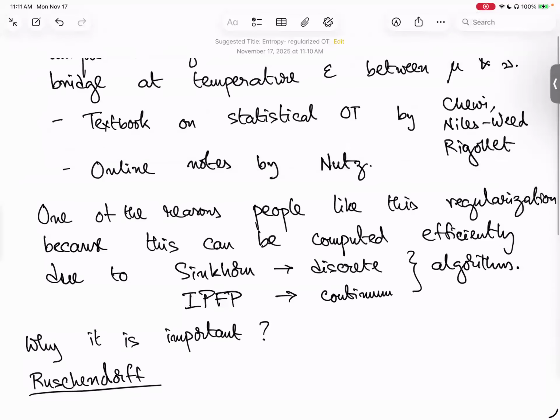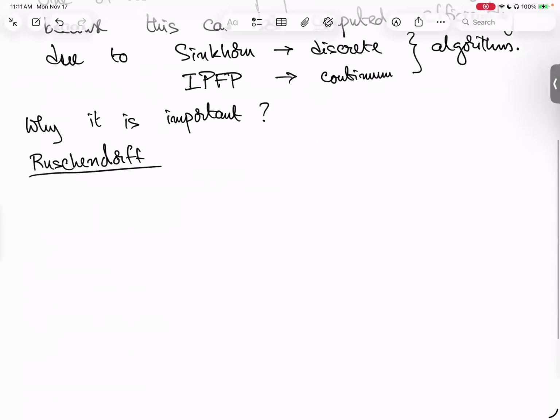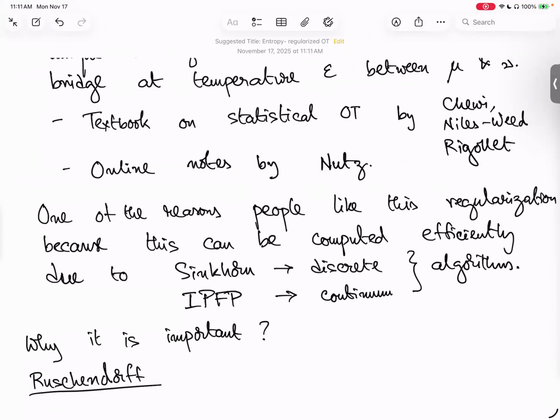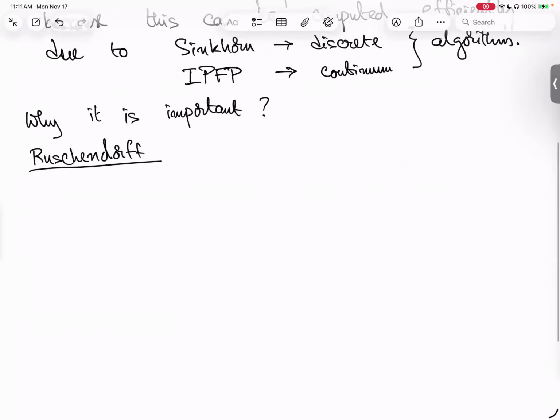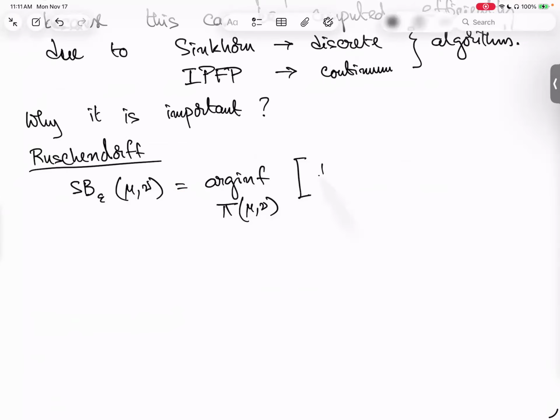That the Schrodinger bridge, gamma epsilon, which is the arg-inf over the set of couplings of the integral of norm squared d gamma plus epsilon entropy of gamma, admits a joint density.